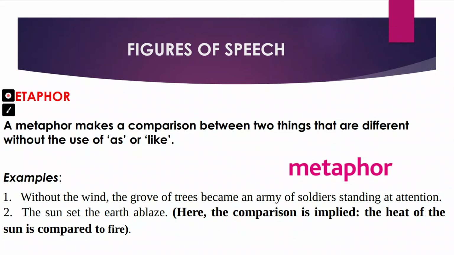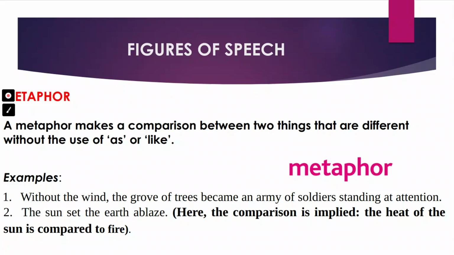Example 1. Without the wind, the grove of trees became an army of soldiers standing at attention. In this example, there is a comparison. The comparison is being made between the grove of trees and soldiers, an army of soldiers standing at attention. When you think of an army of soldiers standing at attention, they're standing still, they're erect in their posture.